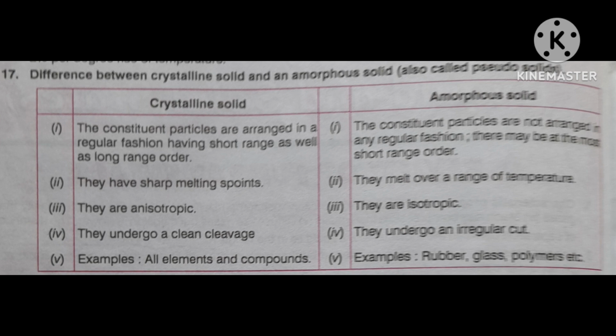Amorphous solids are isotropic, meaning their properties are the same in all directions, but in crystalline solids they are not the same; they are anisotropic.